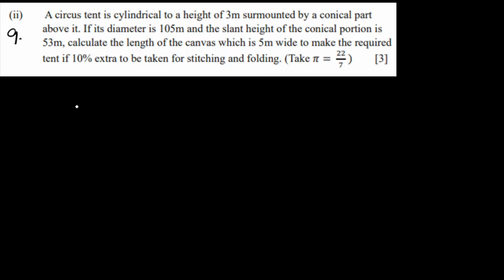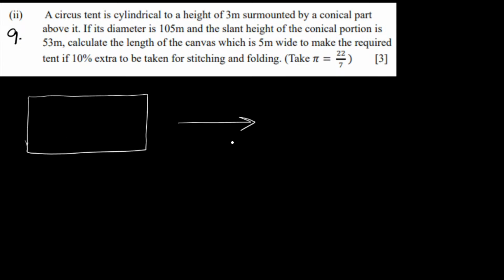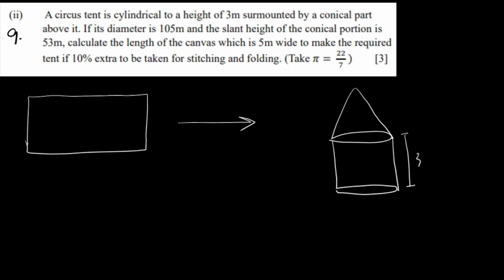Basically, roughly, I'll explain what is there. Then I want your answers. See, one canvas is there. Canvas will be rectangular in shape. Some cloth is there, unstitched. It will always be rectangular. So this type of cloth, canvas, is used to make a tent, which is cylindrical up to a height of 3 meter, then a conical part is there above it.